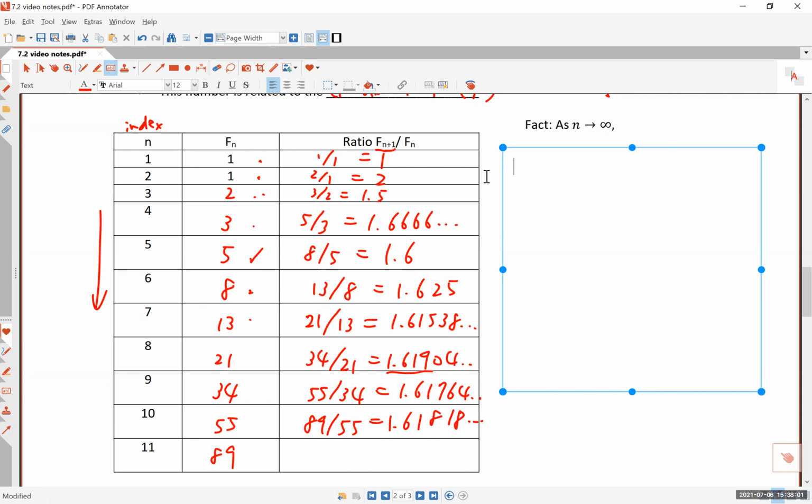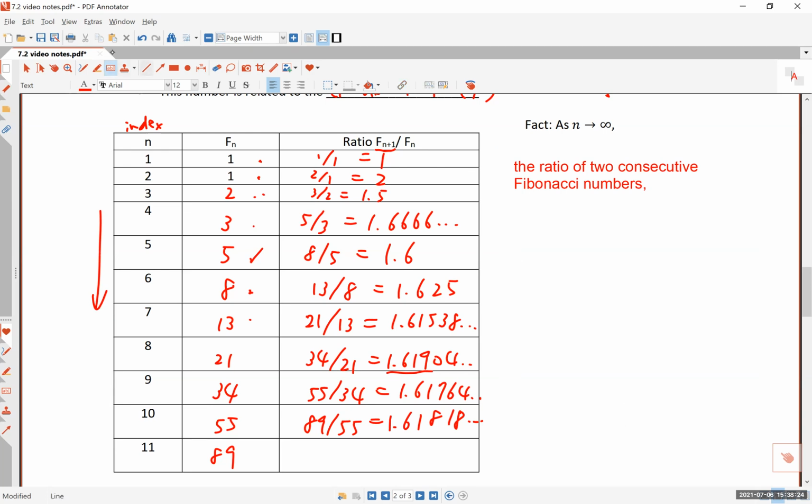What I need to write is F of n plus 1 divided by F sub n. Okay, so that is the ratio of the two consecutive Fibonacci numbers, right?